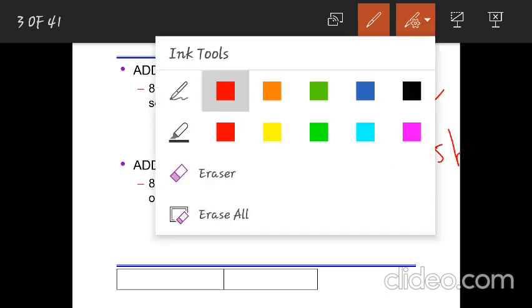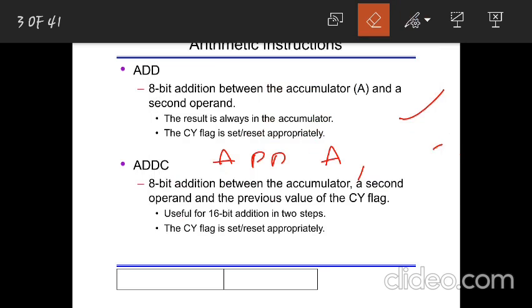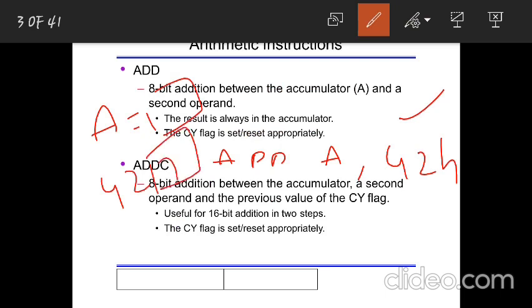Now instead of that, I can also write some address like 42H. That means inside A you will have FE and inside address 42 you will have 75. See, these are the examples I am assuming, FE and 75. I took these examples because if you solve this, you will get a carry flag, auxiliary carry, and also parity.